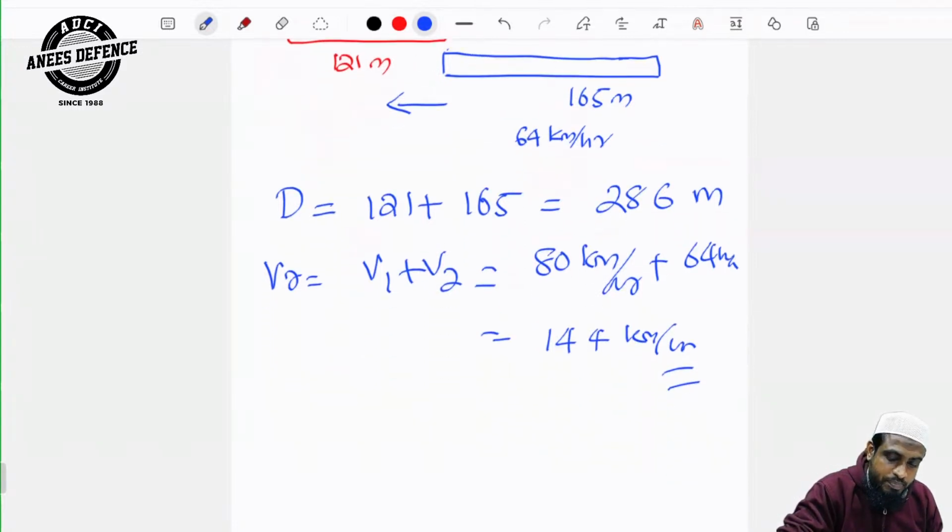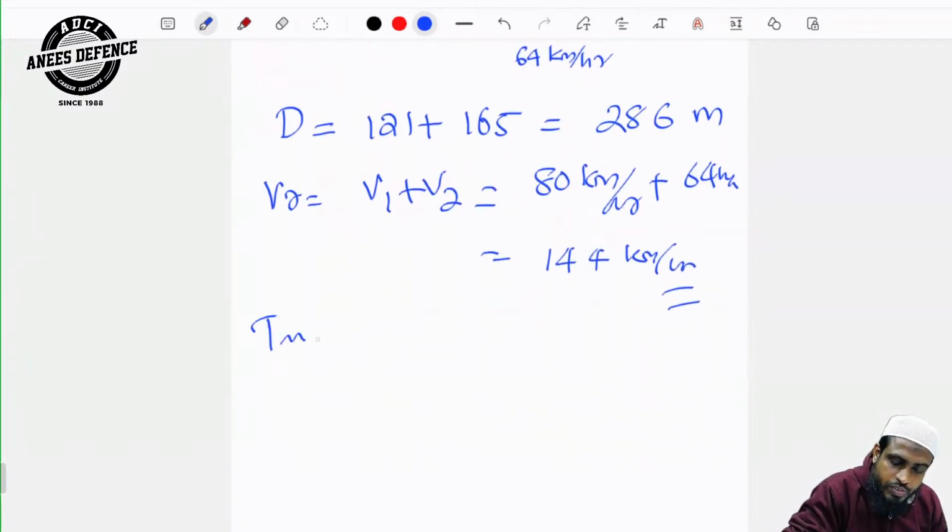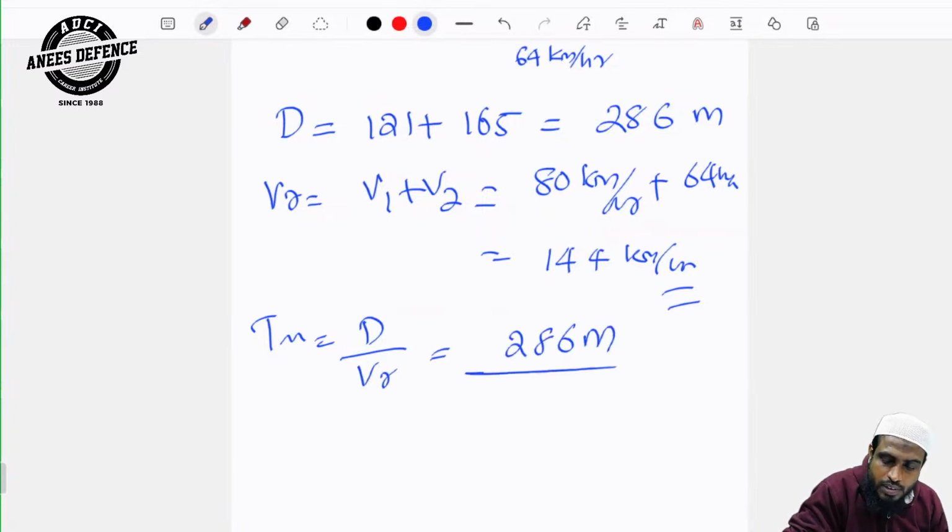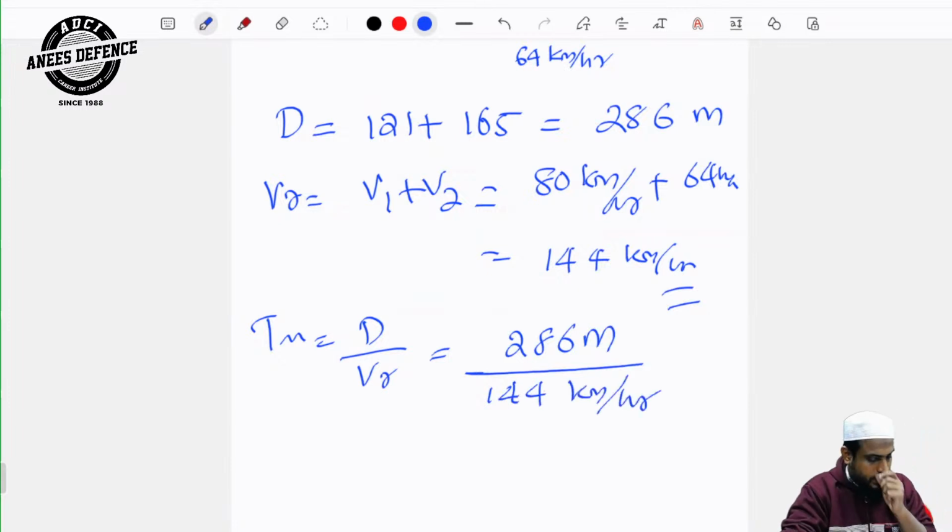So what is the time? Distance by speed. So 286 meter by 144 kilometer per hour. You have to consider the conversion, because meter and kilometer you cannot mix. Here the option given is in second. That means we have to convert into meter per second.